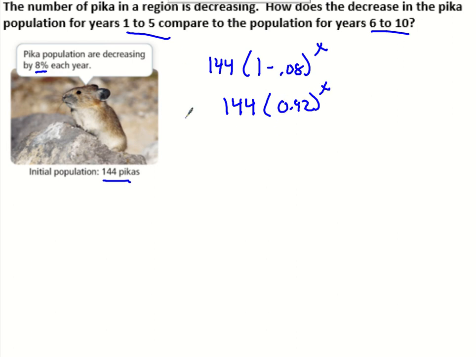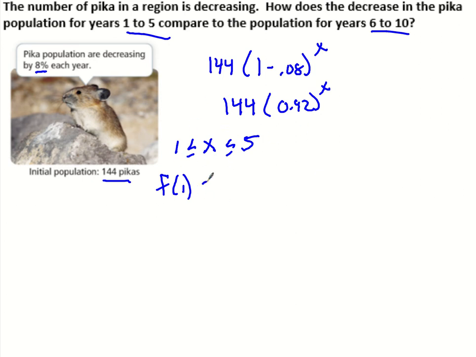Now, from here, we need to compare what's happening between years 1 and 5 to years 6 and 10. For years 1 to 5, I need to figure out f of 1, how many pica we have at 1 year, and then how many pica we have at 5 years, and we're going to compare the rate of change there, finding the average rate of change.